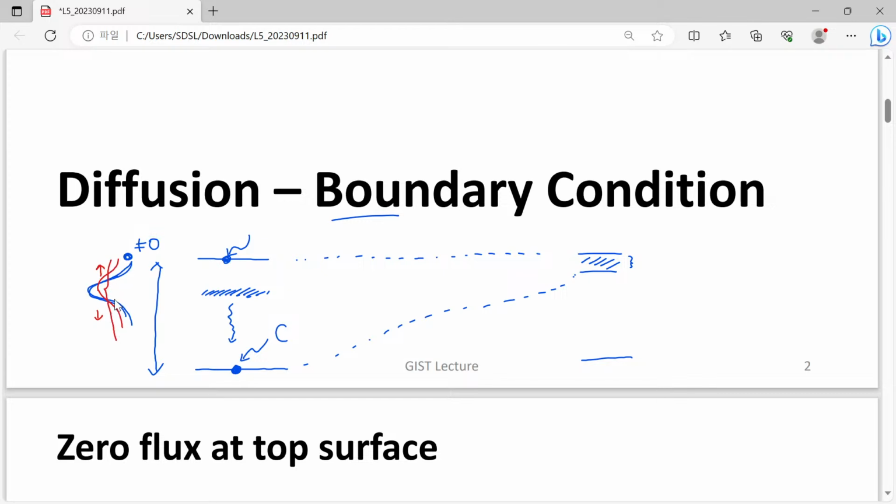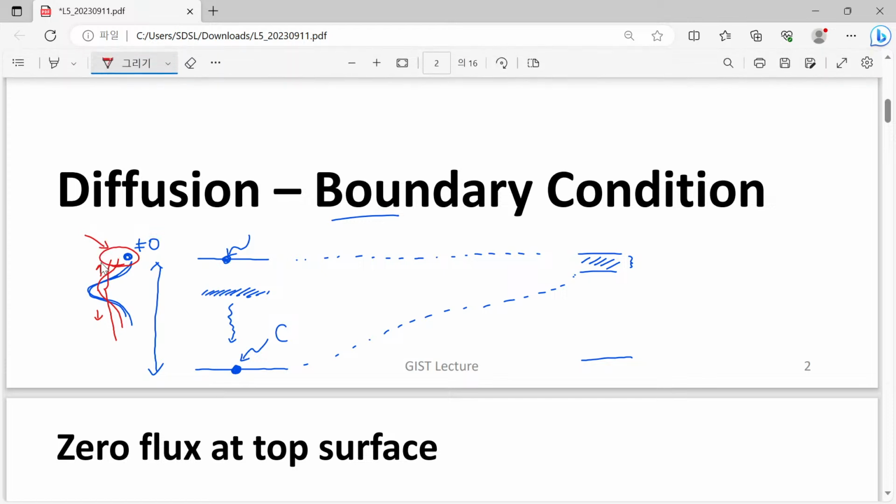Okay, so are you with me? It is very difficult for us to decide the value at this point. I mean that previously we just set the value of dopant concentration at both boundaries, but right now I'm saying that for x equal to 0 corresponding to the top surface, it is difficult for us to determine the value itself.